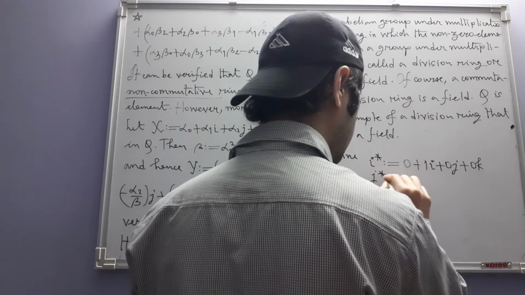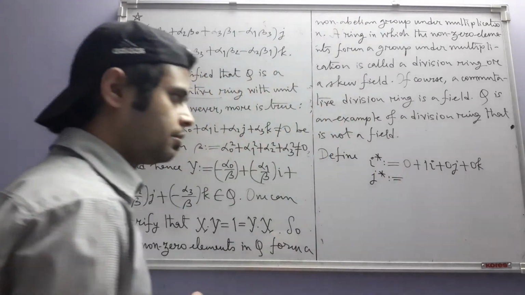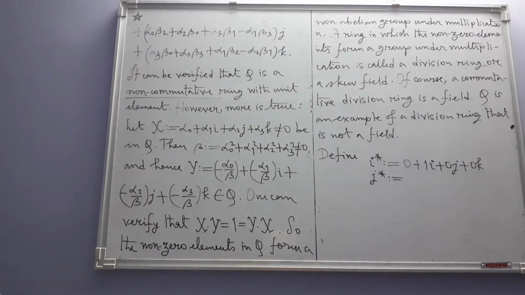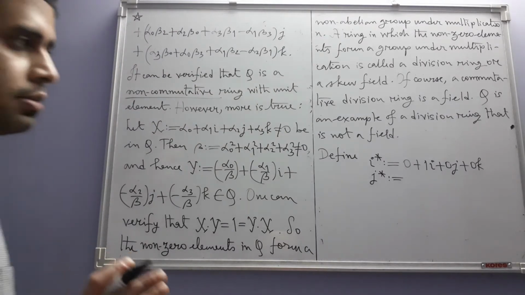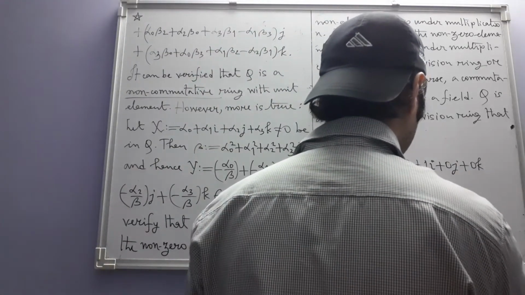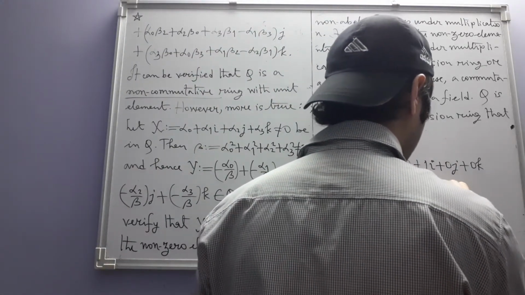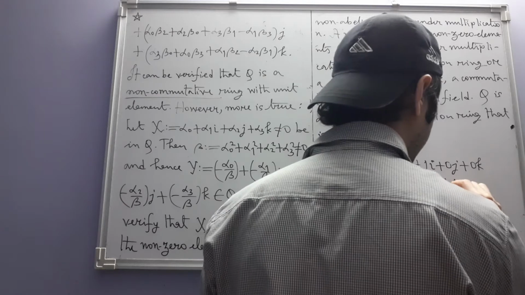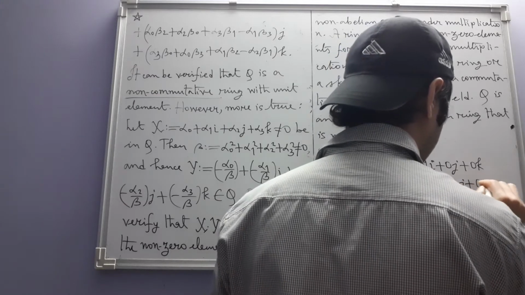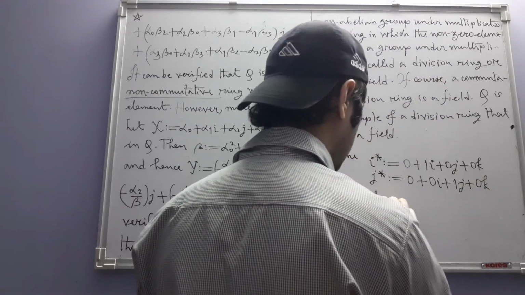Then j star. So in i star, the component of i is 1, the others are 0. Like that, in j star, the component of j is 1, the others are 0, and likewise in k star.